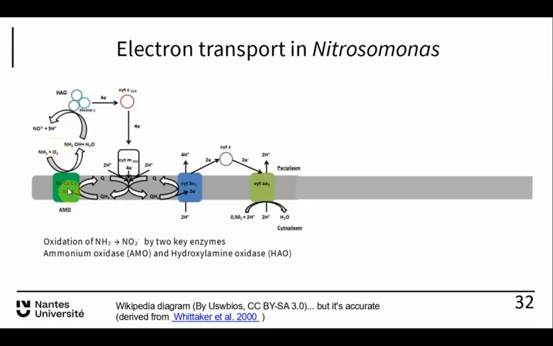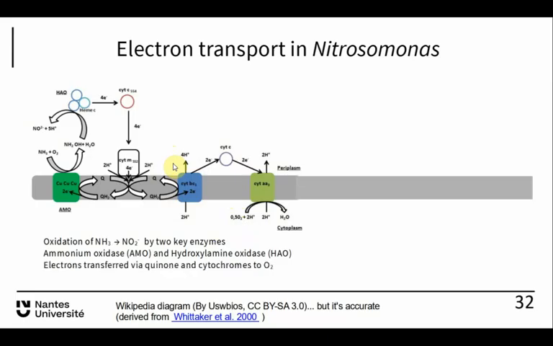These enzymes produce nitrite from ammonium and strip off the electrons that are fed into this electron transport chain. And the end result is the export of protons. They go down the electron transport chain, and in the end, molecular oxygen is the electron acceptor. So this generates proton motive force.